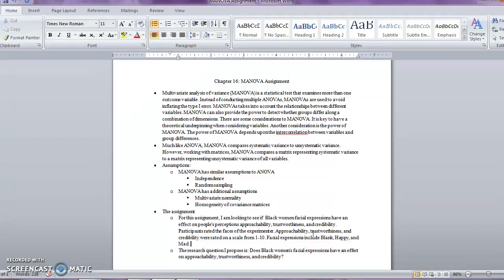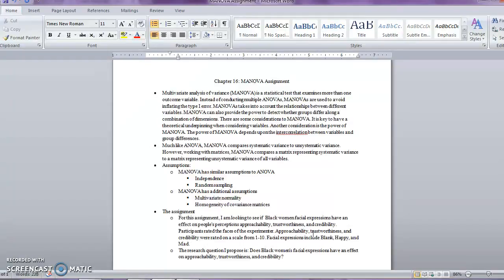And instead of running multiple ANOVAs to look at multiple outcome variables, you can just run a MANOVA and avoid inflating the type 1 error rate. So that's beautiful right there.